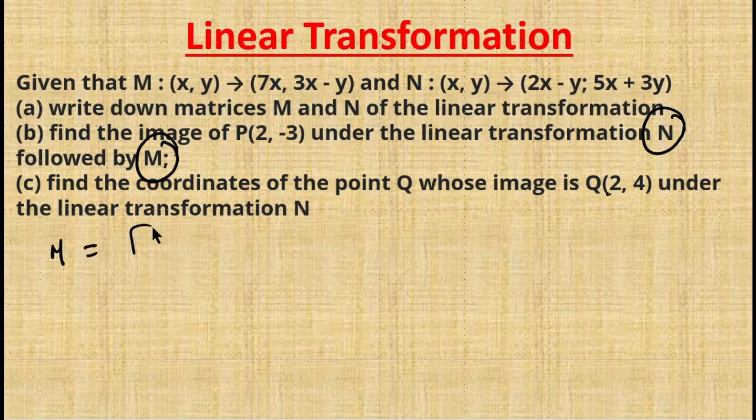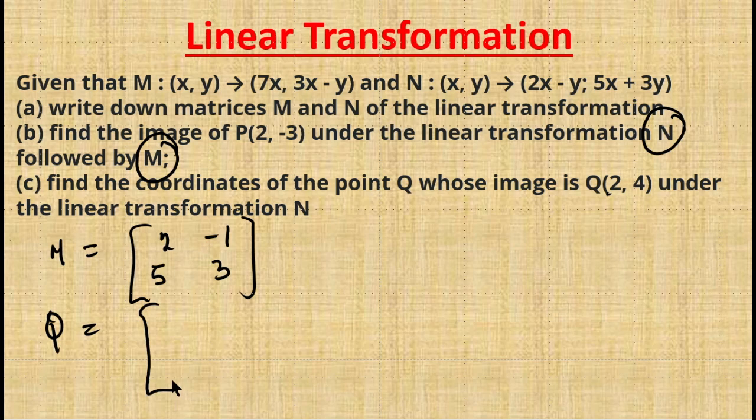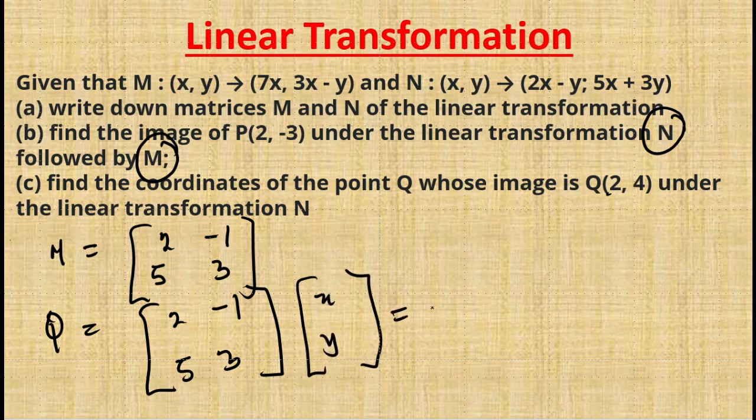N under the linear transformation will result into Q. That's the matrix 2, minus 1, 5, and 3 times (x, y), which are the coordinates we are looking for, will result into 2 and 4.